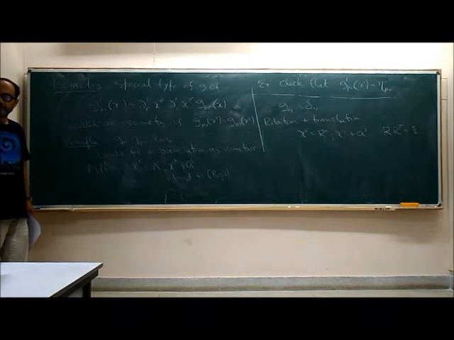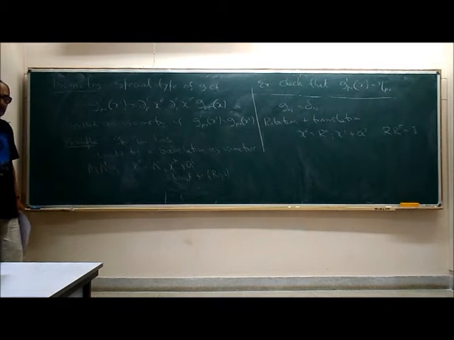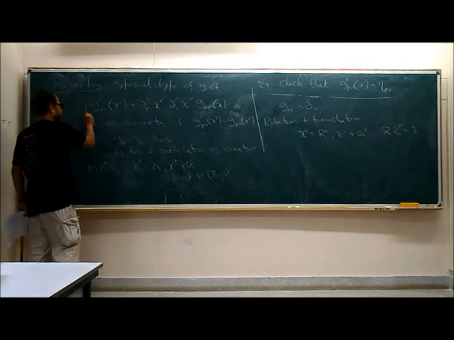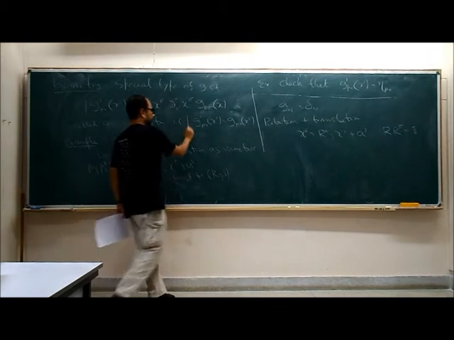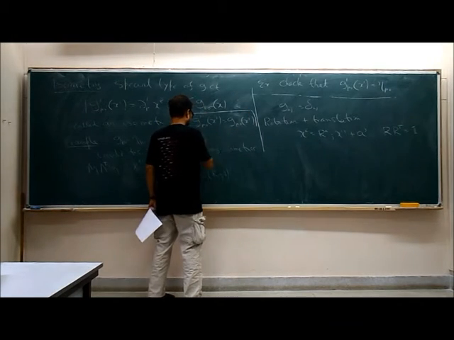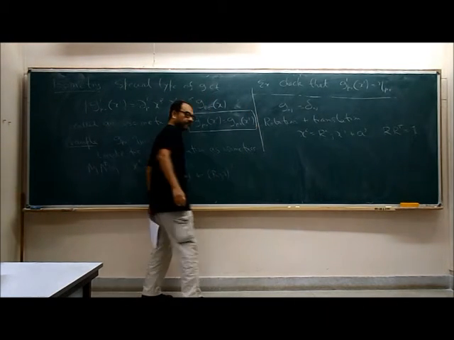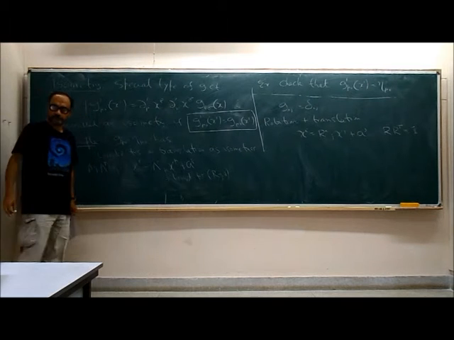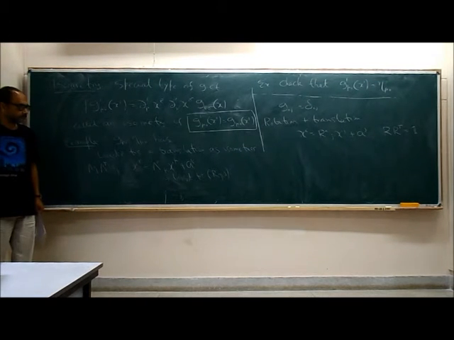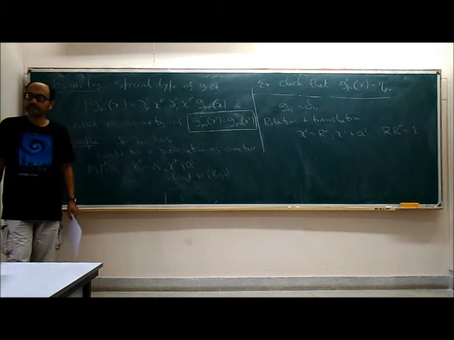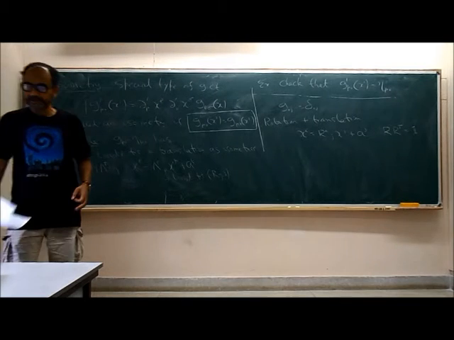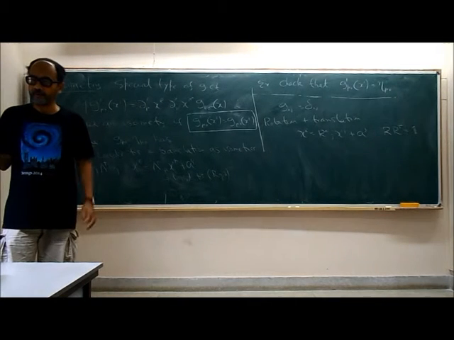Is this clear? Isometry essentially is this statement. So what is the physical meaning? The physical meaning is just like symmetries of the metric of the background.